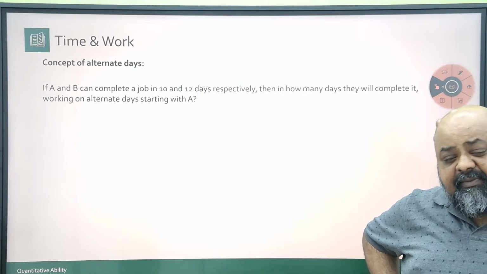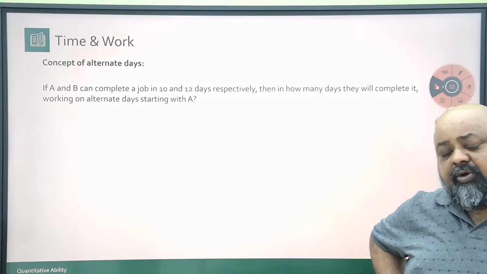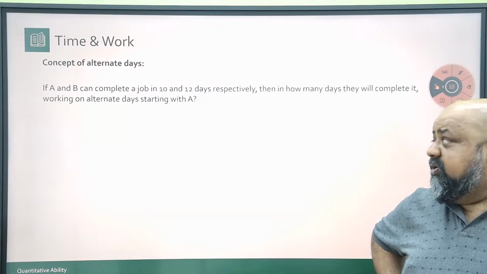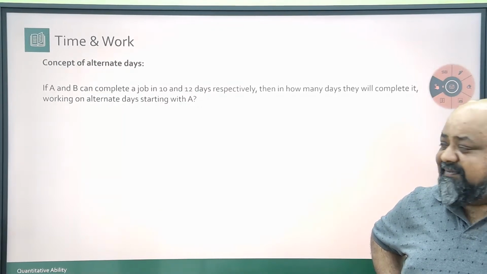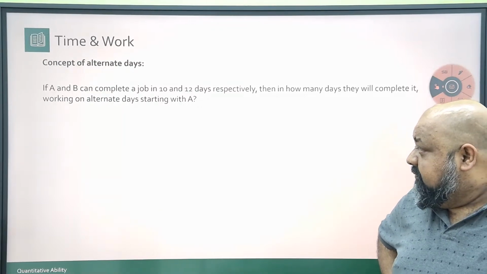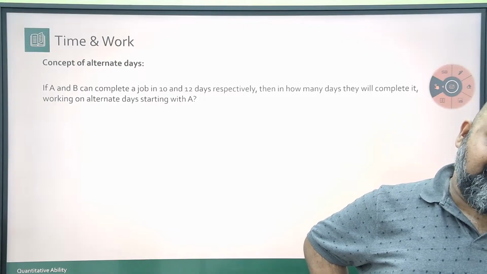One day A is working, then B is working, then A, then B, then A, then B and so on. A alone can do the work in 10 days. B alone can do the work in 12 days. So in how many days will the work get finished is the question.